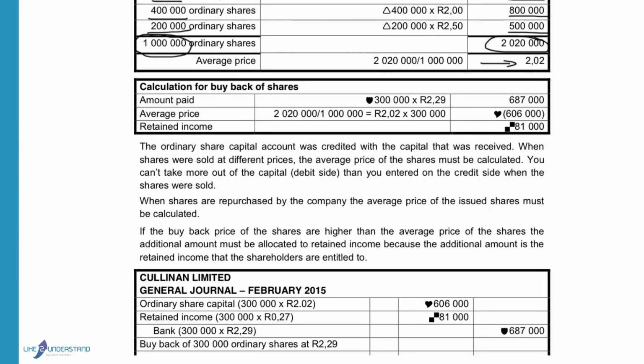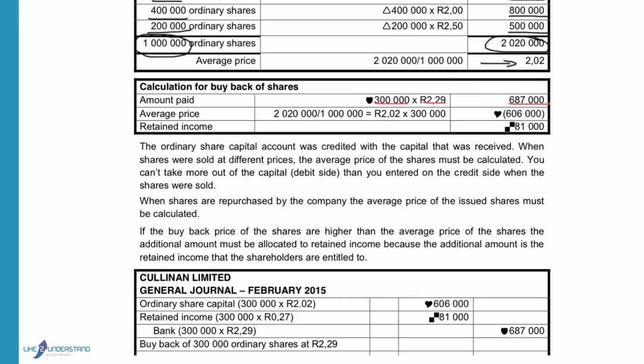And they want to buy back 300,000 shares times R2.29, which will give me 687,000. So that is the amount that will be paid out to the shareholders. That is more than what we originally charged for the shares. So we want to see what is the amount that will be reduced in the capital.